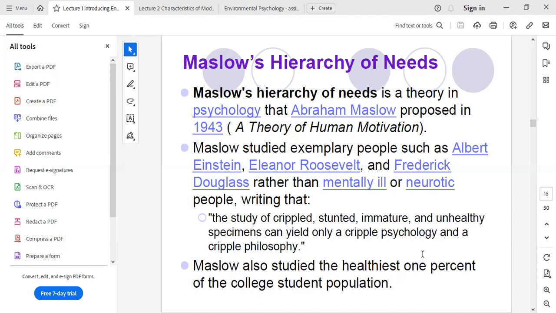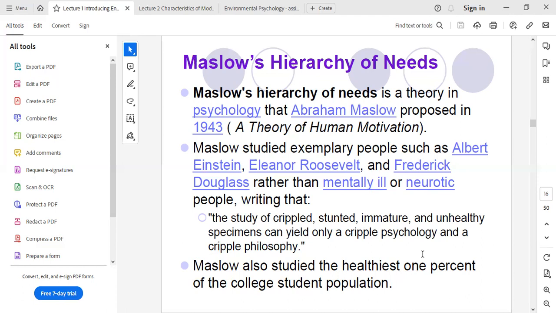Maslow studied exemplary people such as Albert Einstein, Eleanor Roosevelt, Frederick Douglass, and also mentally ill or neurotic people. Maslow wrote, the study of crippled, stunted, immature, unhealthy specimens can yield only a crippled psychology and a crippled philosophy.